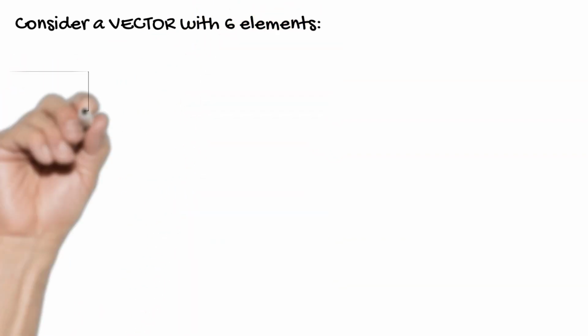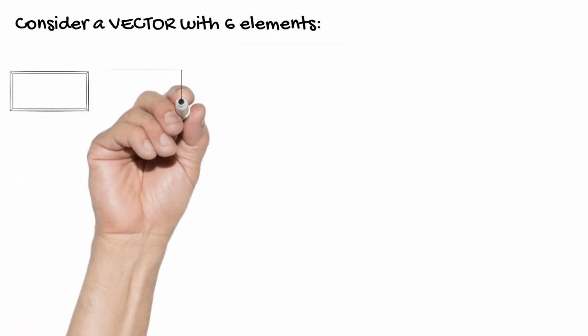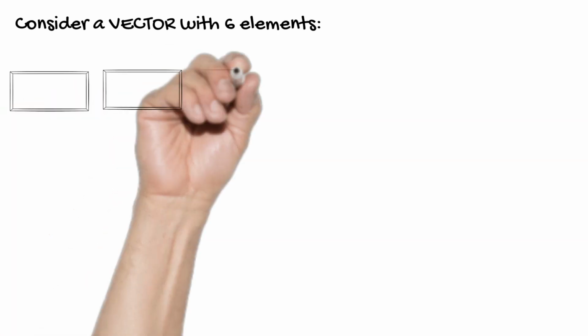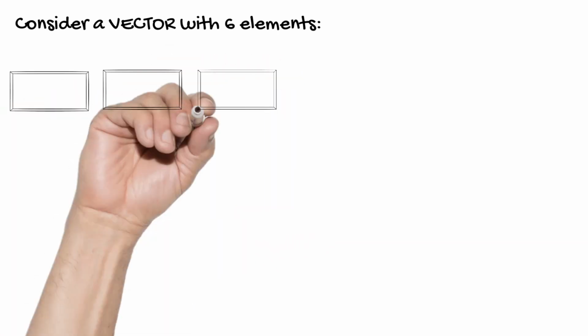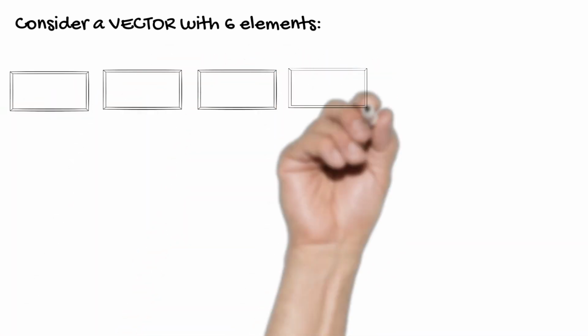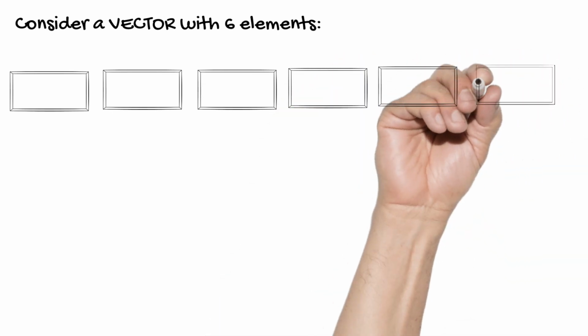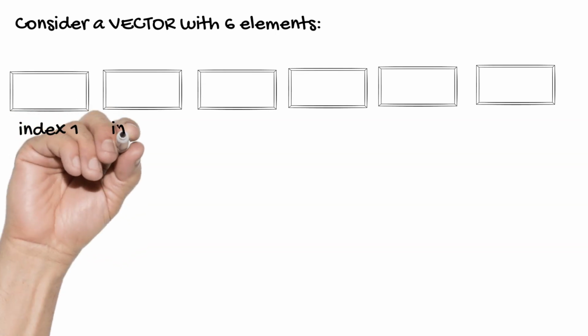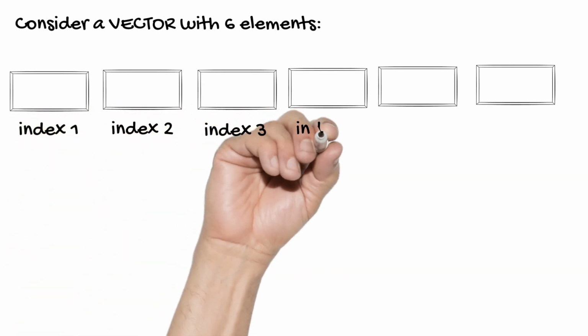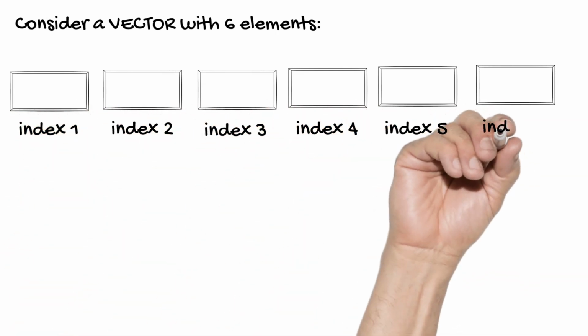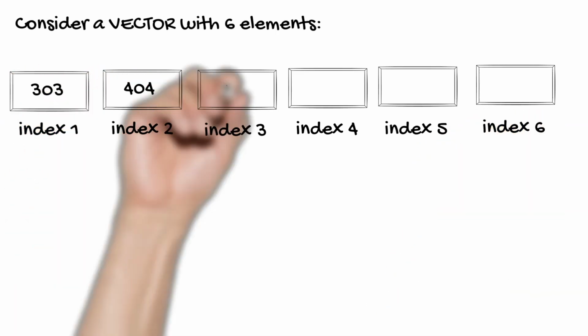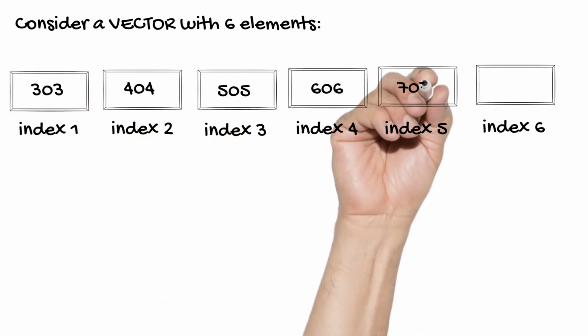Let's take a look at one more example. We'll draw another matrix, but let's start with a simple vector that has 6 elements. Our next step is to write down the index of each element, index 1, index 2, index 3, index 4, 5, and 6. Now we'll add data to our vector.